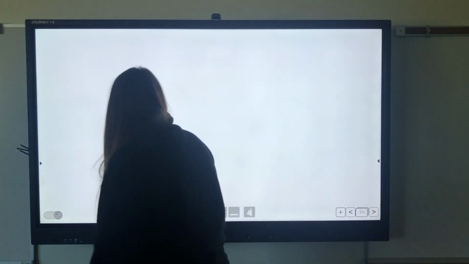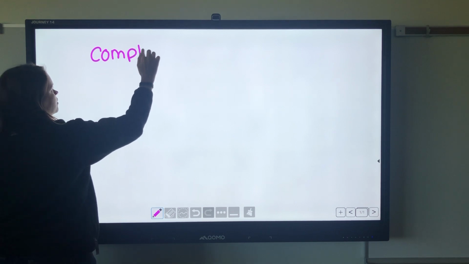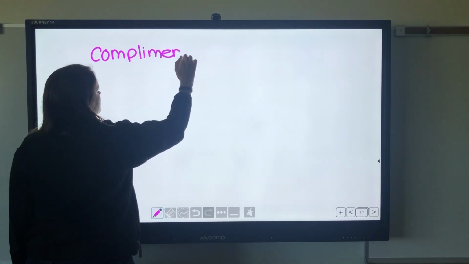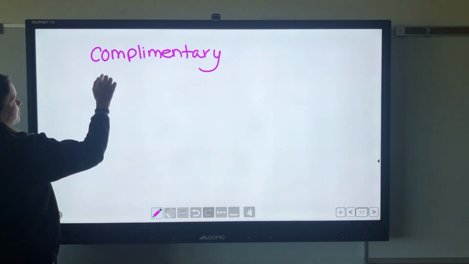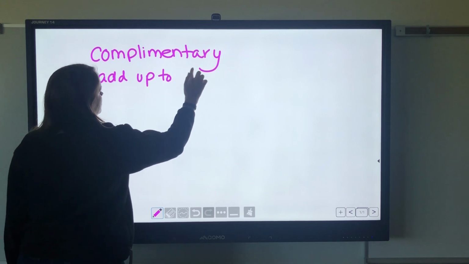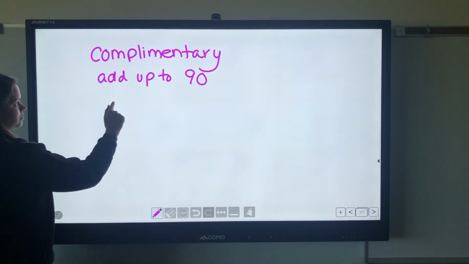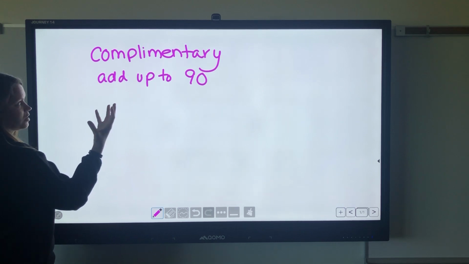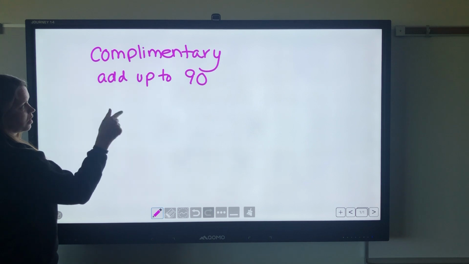These two words are important. Complementary means they add up to 90. So obviously if the angle is 40, the complement would be 50. If the angle is 60, the complement would be 30.